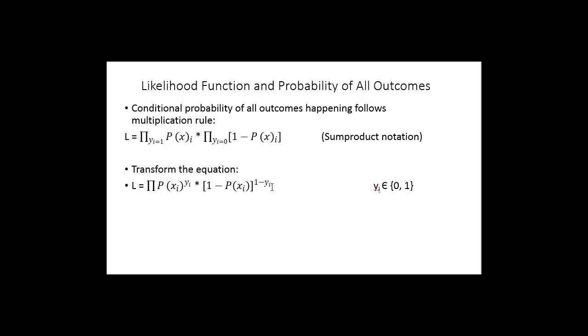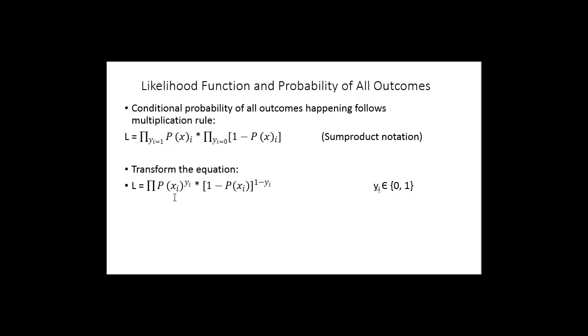If you summarize that, that will be probability of success for each case raised to the power of the outcome, which will be 0 or 1, times the probability of failure to the power of the outcome of the failure. So that yi will be either 0 or 1.